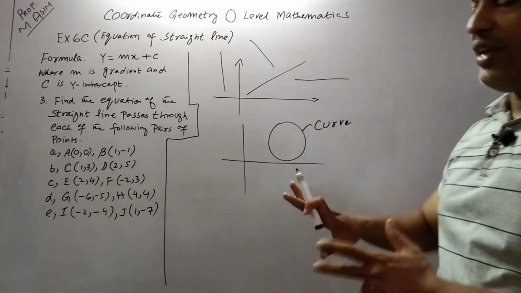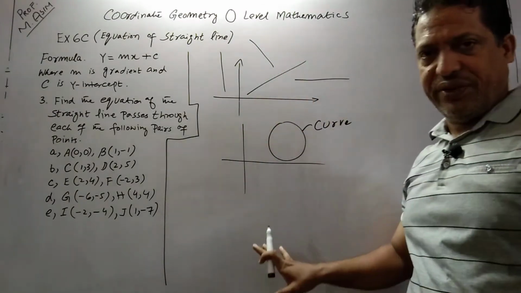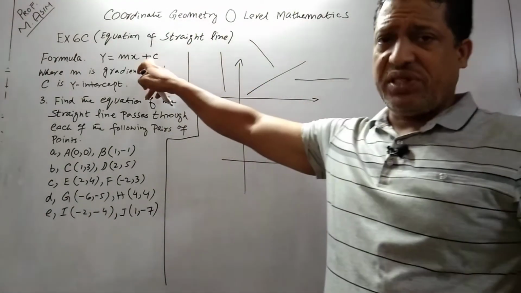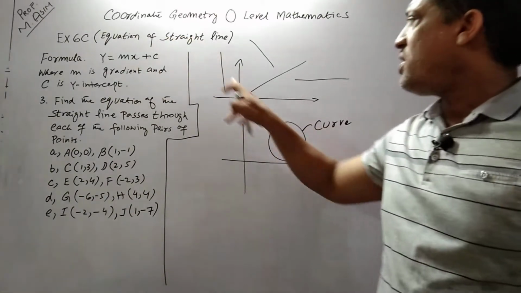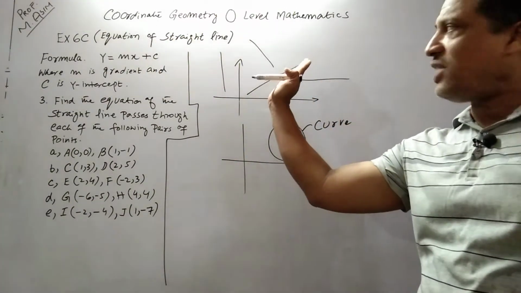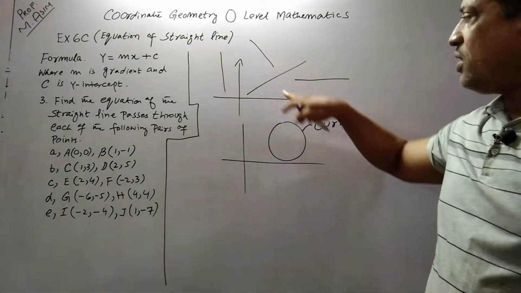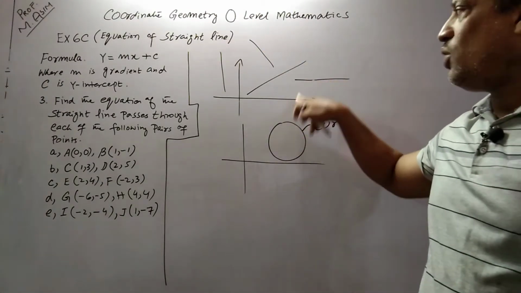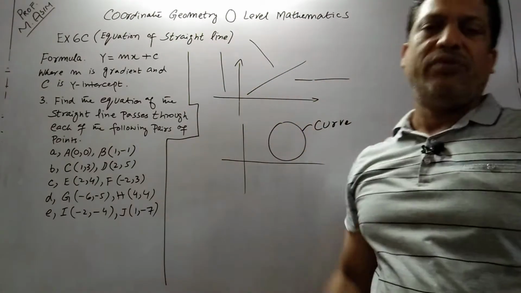So this is the difference between a straight line and a curve. Whenever we draw the graph of a straight line, it always looks like this in this direction or in this direction, or parallel to the x-axis or parallel to the y-axis.